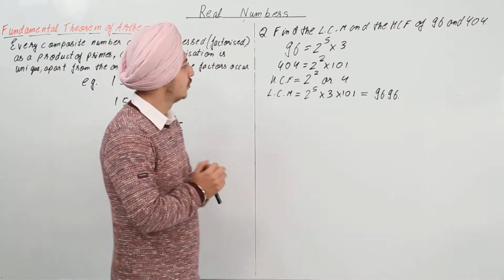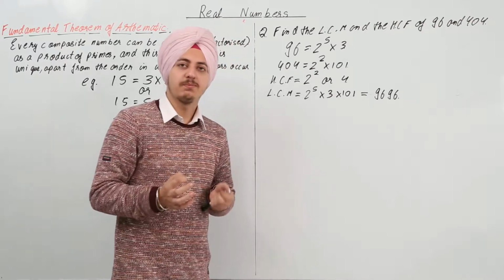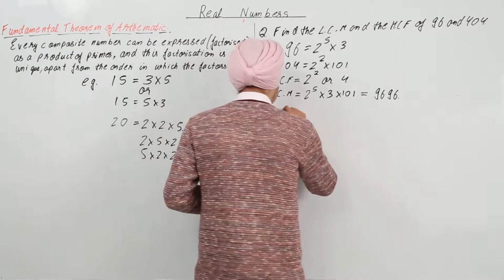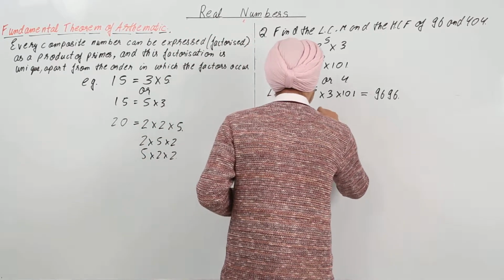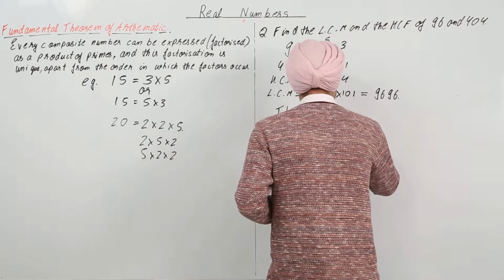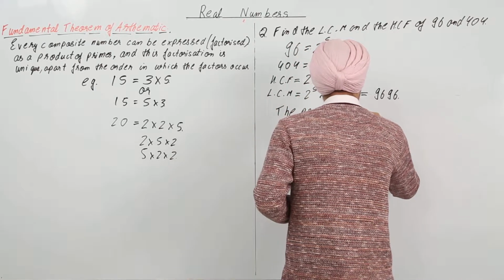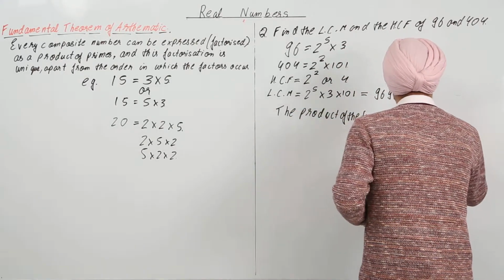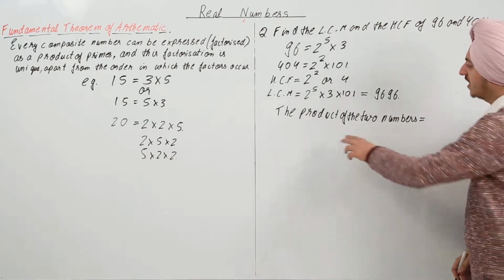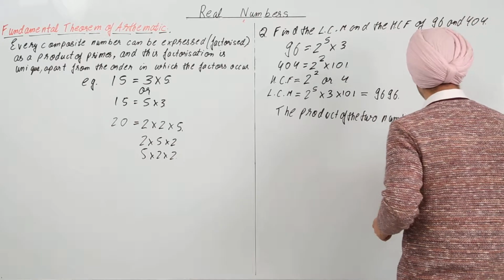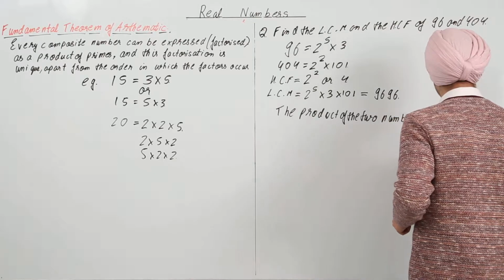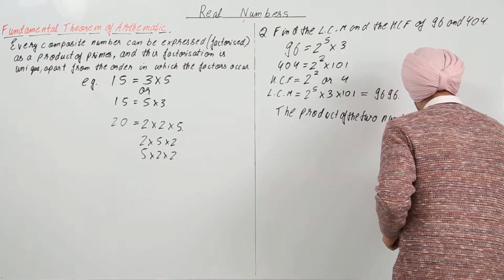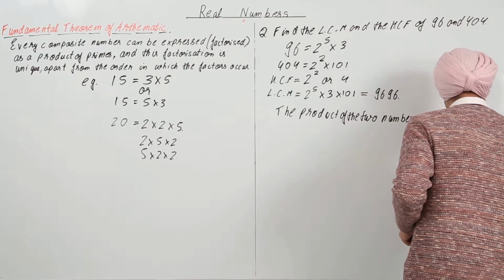So next, there is another property that LCM and HCF satisfy, that is the product of the two numbers is equal to the product of LCM and HCF.